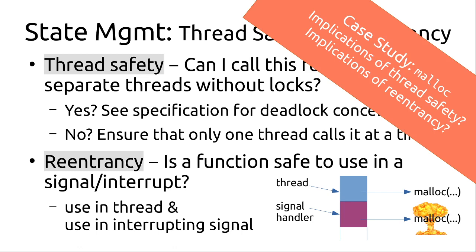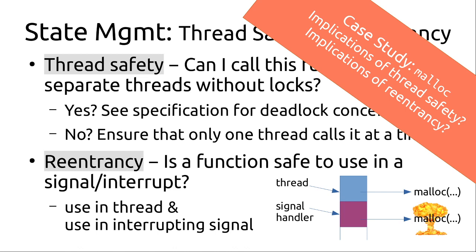So there are implications here. Malloc, again, if it's not thread safe, then it makes it really hard to make it parallel and scalable on multiple cores. So it wants to be thread safe. But if a function is thread safe and it takes locks, then it often is not reentrant, right? So you have this really difficult interplay. So you really only see this in signal handlers that you really try to simplify and get rid of.